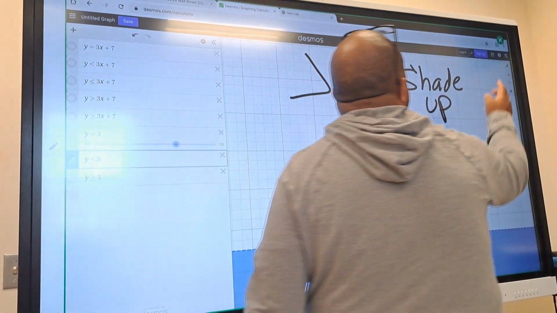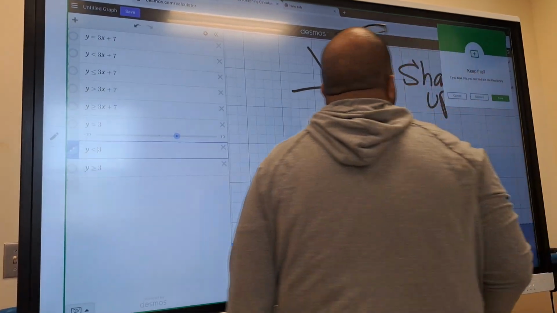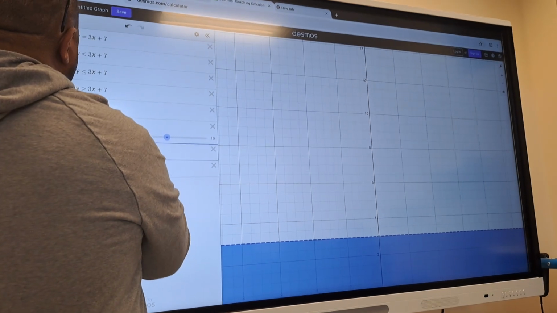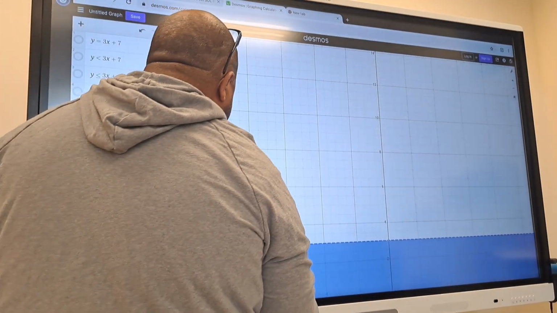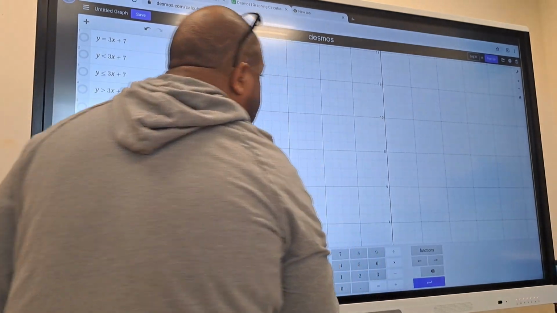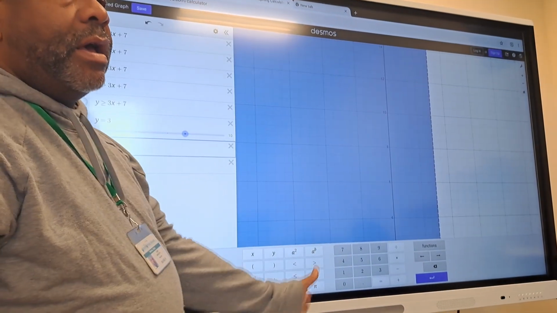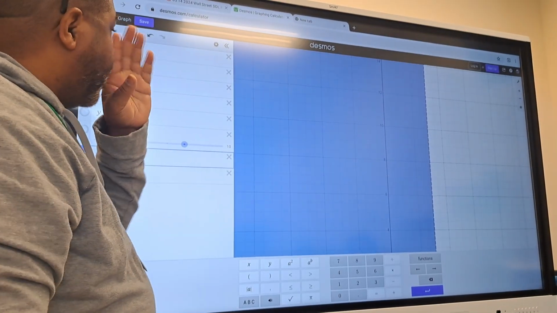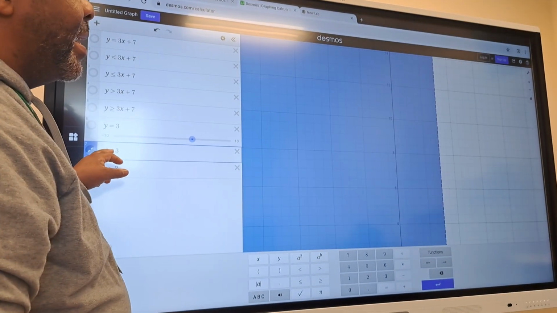All right. Well, let me show you one other thing. Let's say instead of doing the y, we're going to do the x. So I'm going to change that y to an x. Now we have an undefined slope line, right? So this says x is less than.